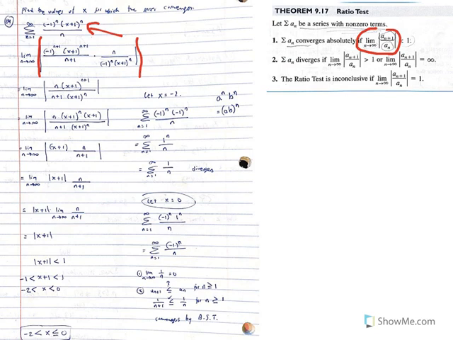So here is the n plus 1th term. Wherever you see n in the description of the nth term, you just replace it with n plus 1 and divide that by the nth term, which is the same as multiplying by the reciprocal of the nth term, which we have here. So now we can simplify.